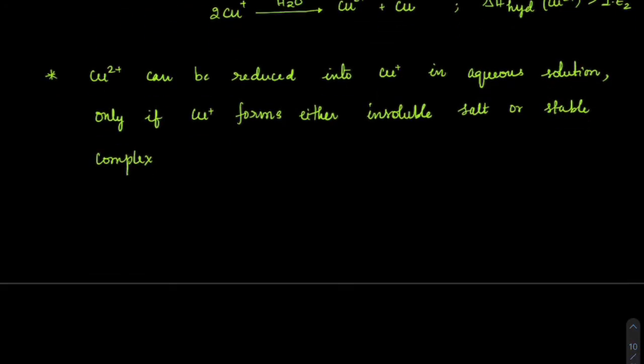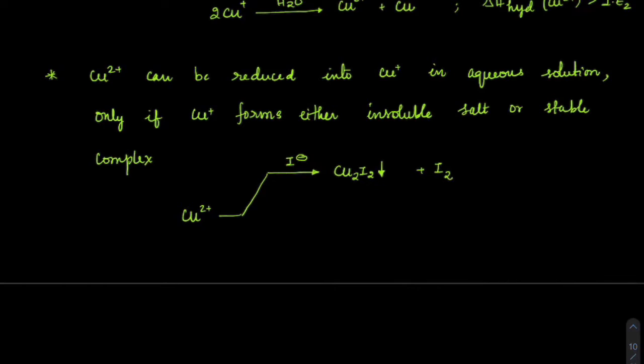What I meant to say, suppose I take copper 2+ and react it with I minus, then it would become Cu2I2. The reason being Cu2I2 is a stable insoluble salt, plus I2. This is the overall reaction you will see.